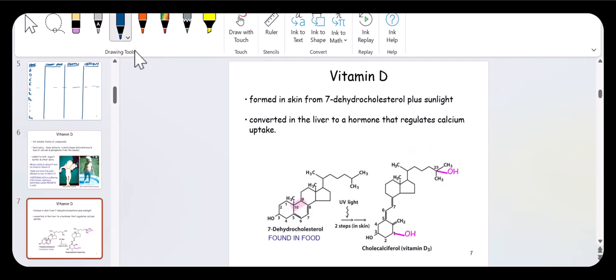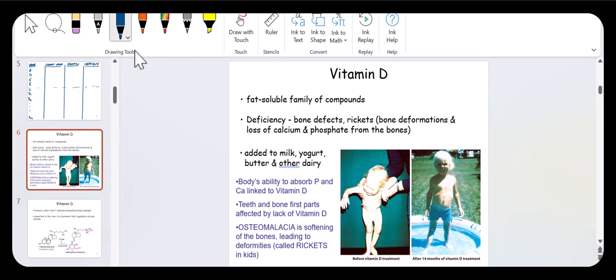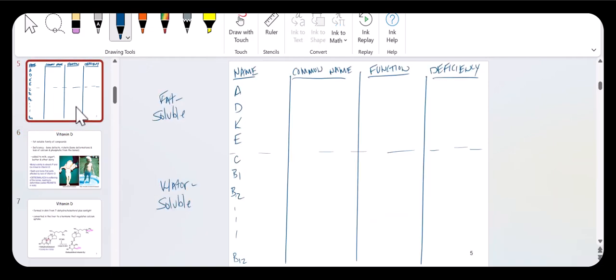So I would have things like here, vitamin D doesn't really have a common name. Function, I'd probably put bone health, cholesterol, whatever. You're going to come back and edit it and put it all in your words when you really know how those questions are asked and what you want to do.